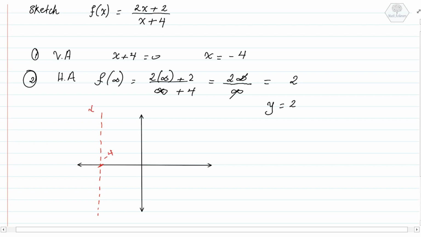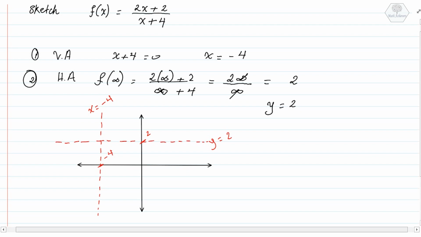This is x equals minus 4, and a horizontal asymptote at y equals 2. This is my horizontal asymptote, the equation of this line is y equals 2. Now, to know what shape I have, I can sketch it using my GDC.